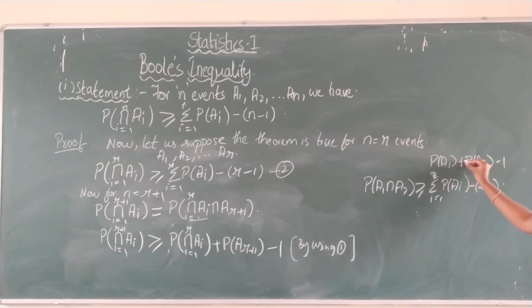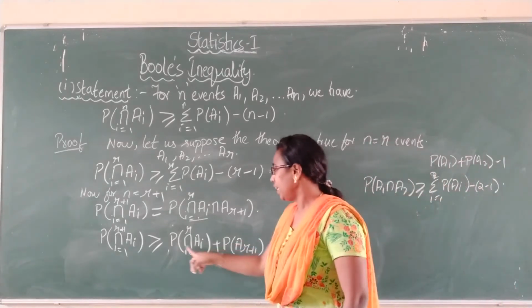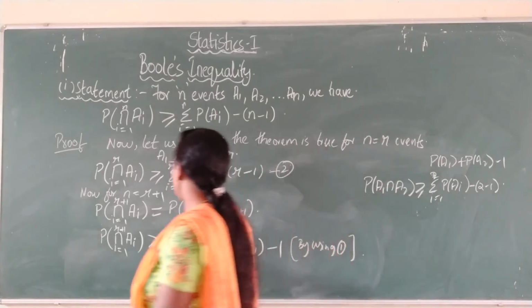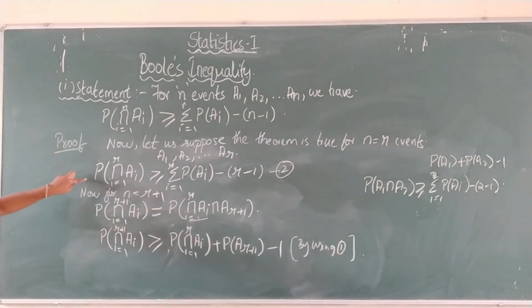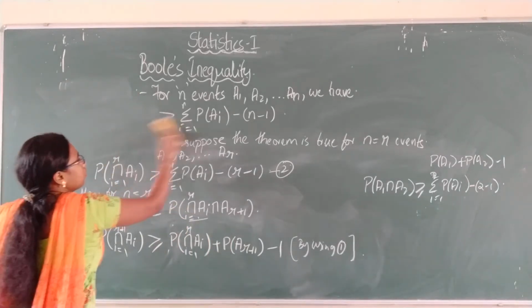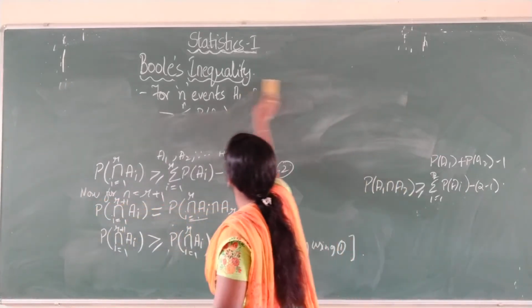If you consider this one, we get this equation. Now if you observe, we have P of the intersection i equals 1 to r of Ai. This is nothing but the equation 2 value. So now we will substitute the equation 2 value. Keep equation 2 like that only and substitute the equation 2 value.